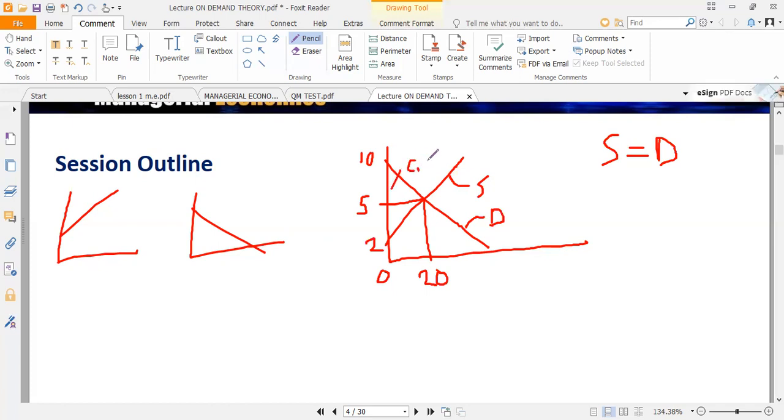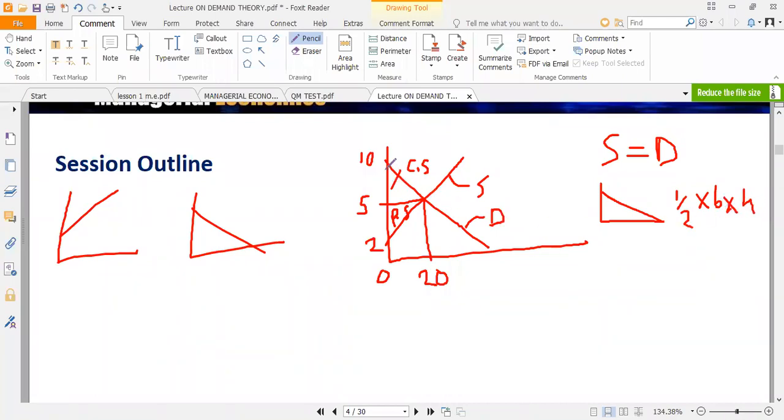So this triangle that touches the demand is called the consumer surplus. And this triangle that is down here is called the producer surplus. We know from our grade 4 that the area of a triangle is equal to half times base times height.